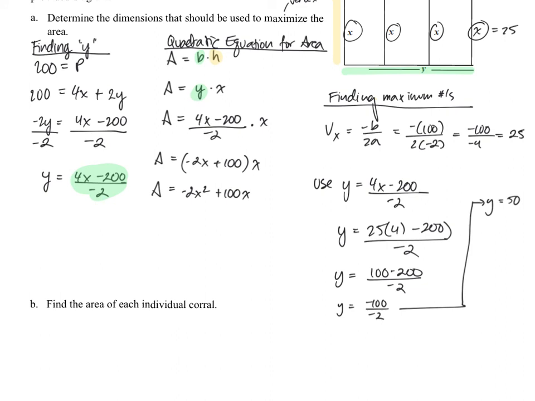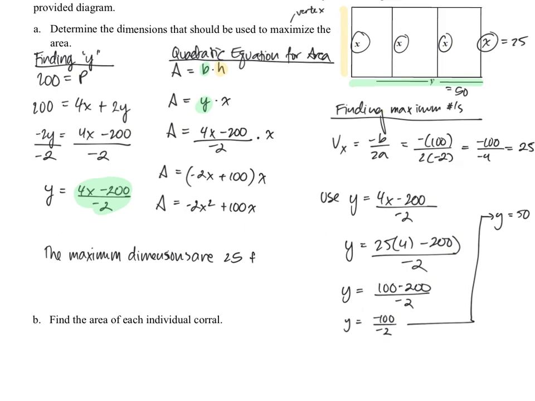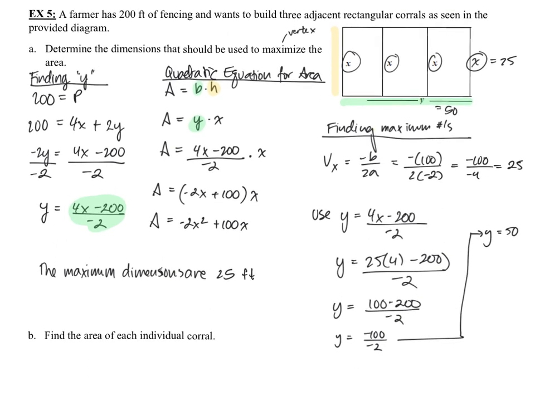Okay, so here we have our maximum values. So the maximum dimensions are 25. Now we're talking about feet here. Yep, feet, 25 feet by 50 feet.